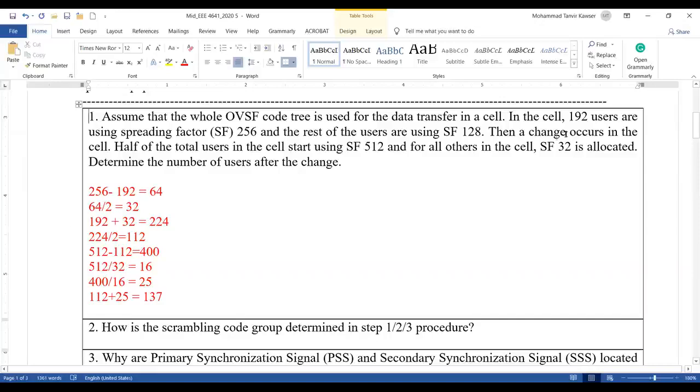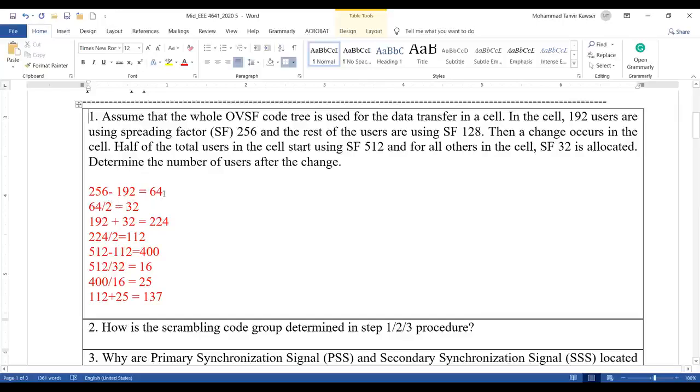So since these 192 are using 256, at this level 256 codes are available. The users with some other spreading factor can have 64 at the 256 level. There can be 256 nodes at this 256 level.